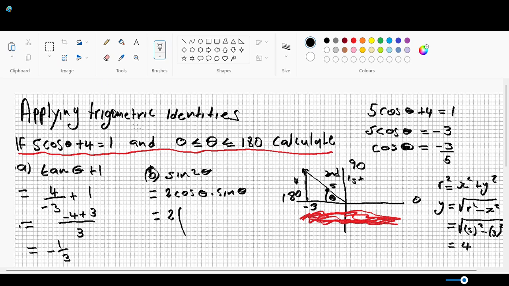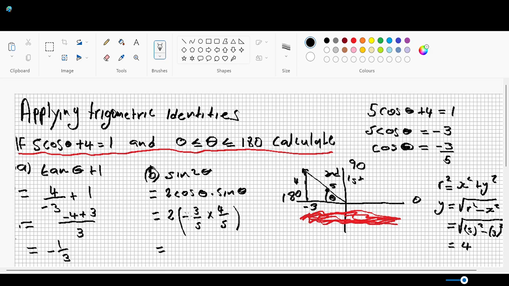What is cos, guys? Cos is adjacent over hypotenuse. So what is our adjacent? It's going to be negative 3, guys. Okay, negative 3 over 5. There we go. Multiply. So what is our sine? Our sine is going to be 4 over 5. There we go. I thought I made a mistake, guys. I did not, which is very, very good.